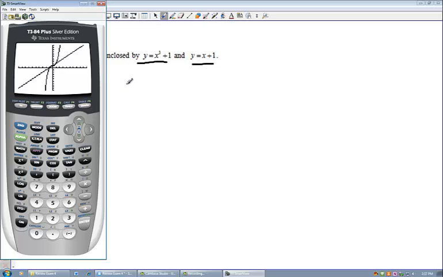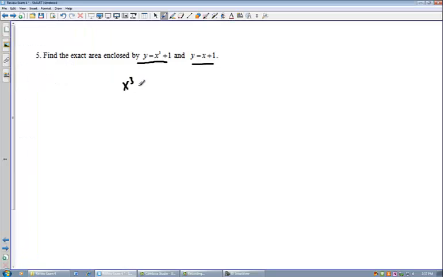To figure out where they cross, it's when they have the same height. So take x cubed plus 1 and set it equal to x plus 1. When you subtract 1s from both sides, they cancel. I'm going to subtract x from both sides, so I get x cubed minus x equals 0. I'll factor out an x, so x times x squared minus 1 is equal to 0.